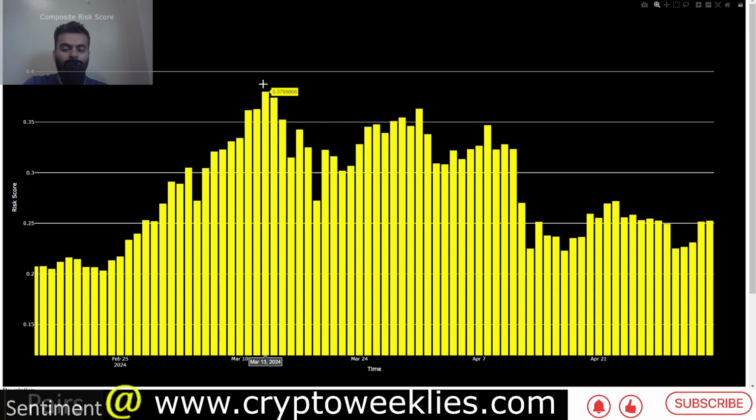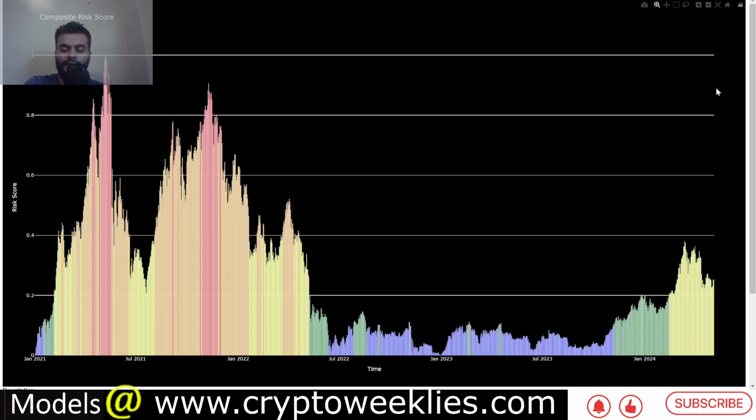And ever since that point, you can see the risk making lower highs as well as slightly lower lows. Right now, the risk is at around 0.25, and the key idea is when the risk levels are low, that is at least lower than 0.4, the chance that you are selling or buying at a peak is relatively low.